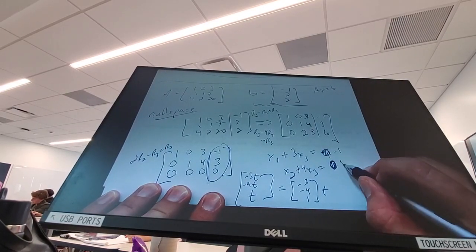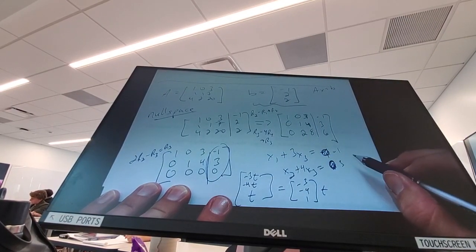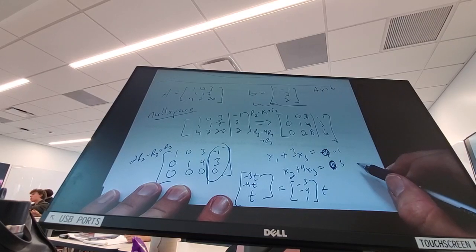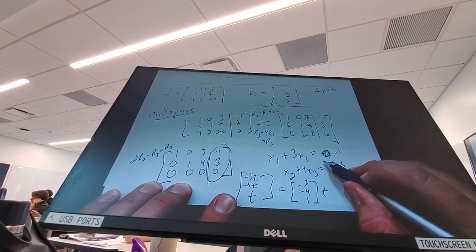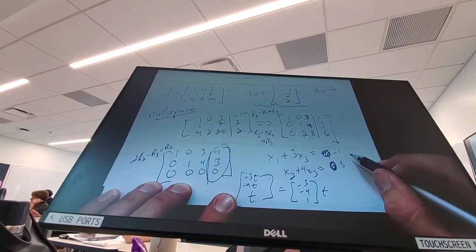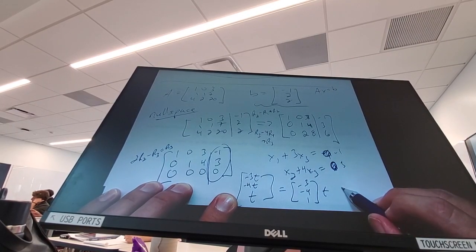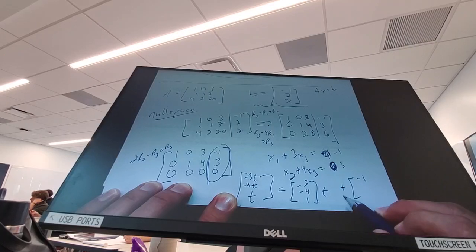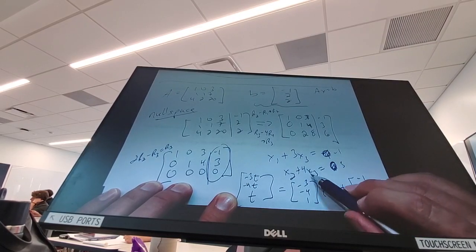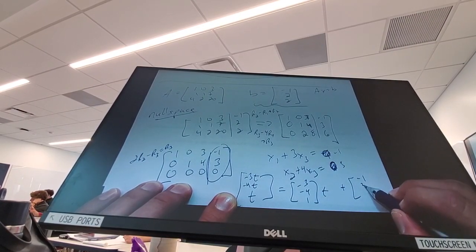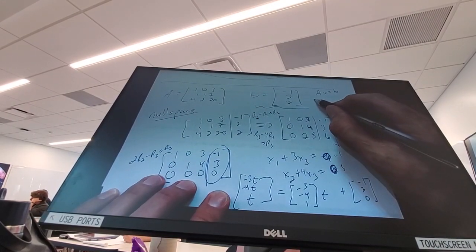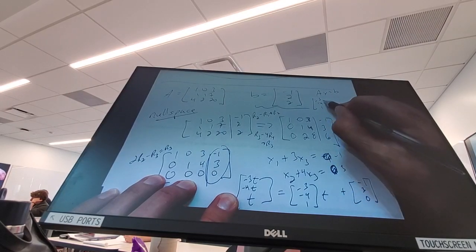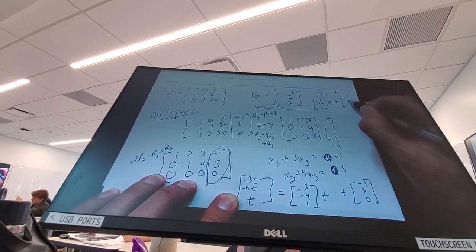If I make that negative 1 and 3, this x1 would have been negative 3t minus 1. Then this would have been negative 1, and this x2 would have been negative 4t plus 3, so this would have been plus 3, and this would have been 0. Okay, so the complete solution to this would be negative 3, negative 4, 1, t plus negative 1, 3, 0.